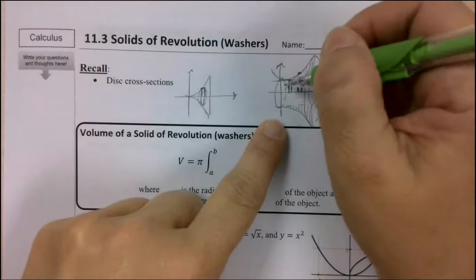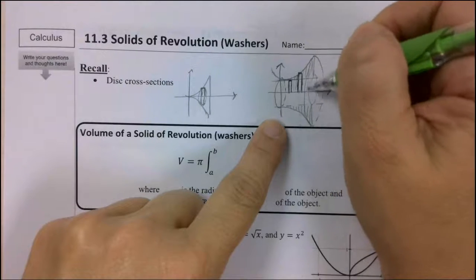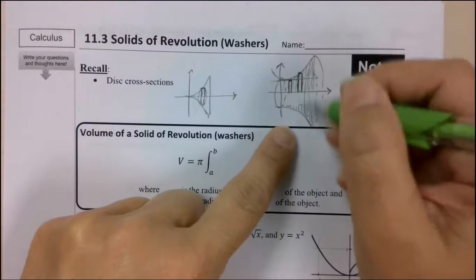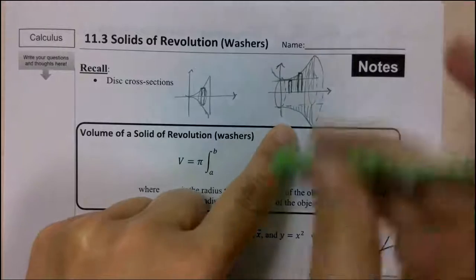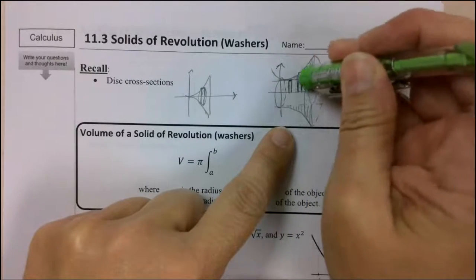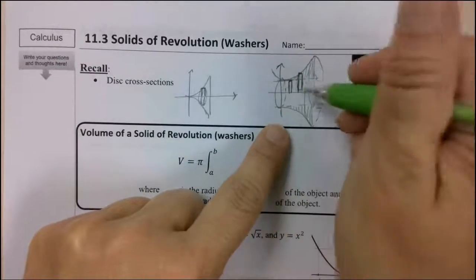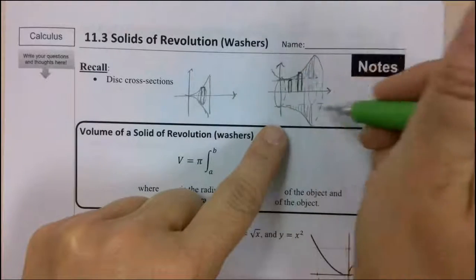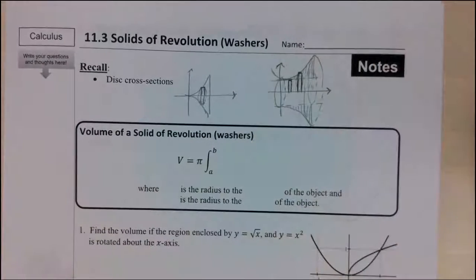So again, if I took this whole region here and rotated it around, I would end up with something that was solid. But then what we want to do is subtract out this part inside to make that hole go through the solid.